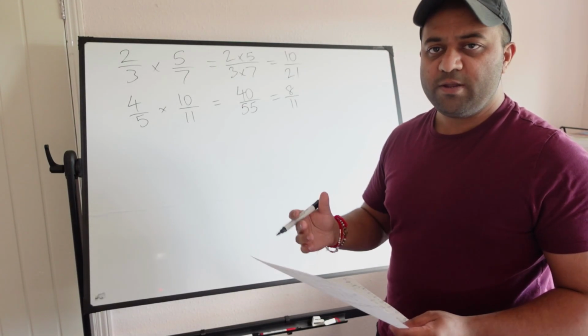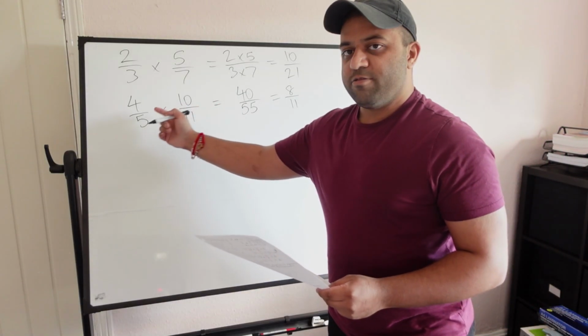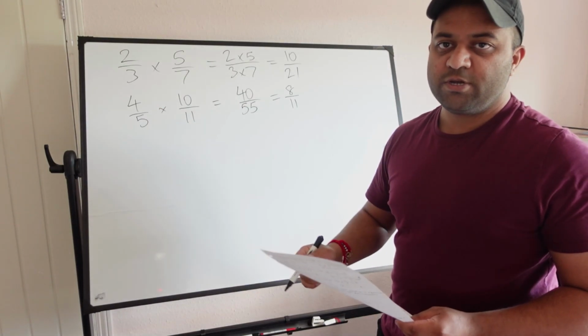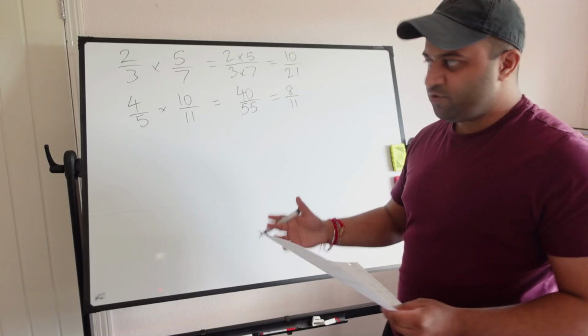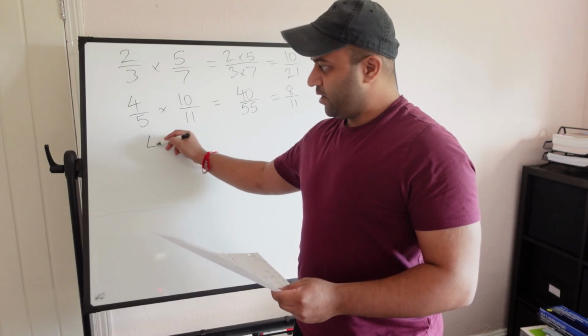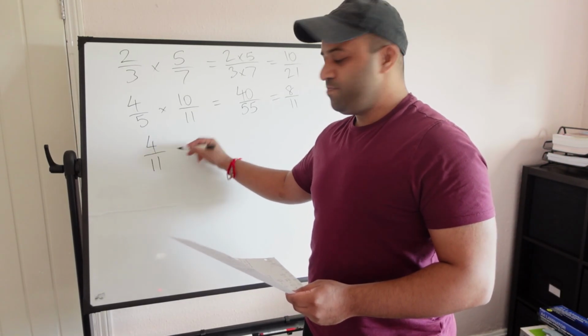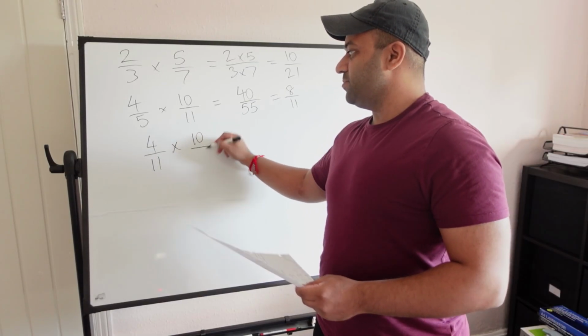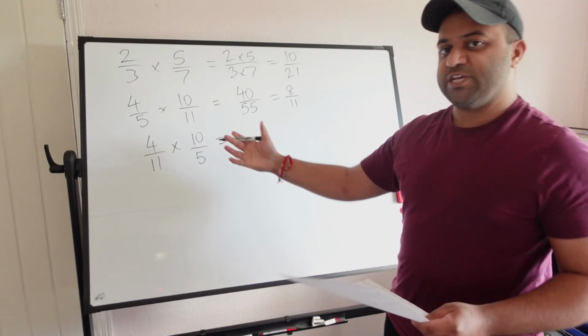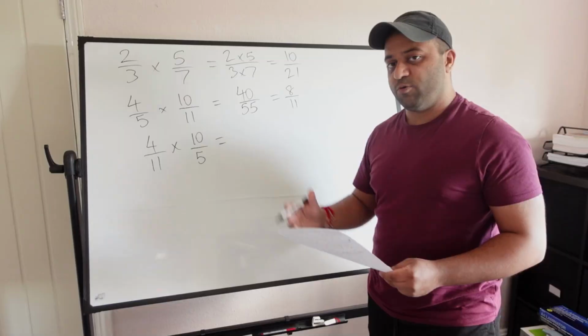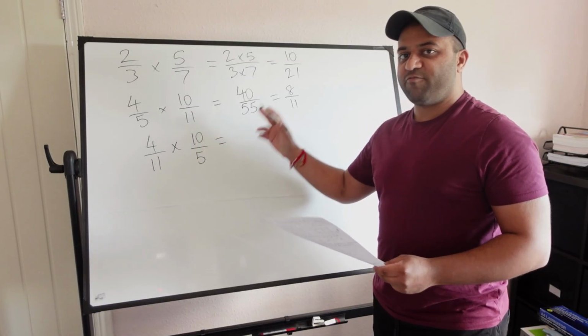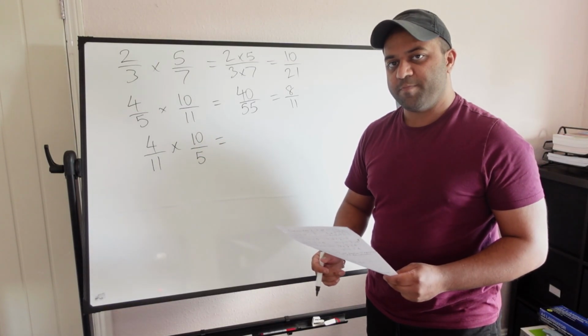So what do I mean? I mean that this final result can also be achieved by, let's say, swapping the 11 on the bottom with the 5 on the bottom.